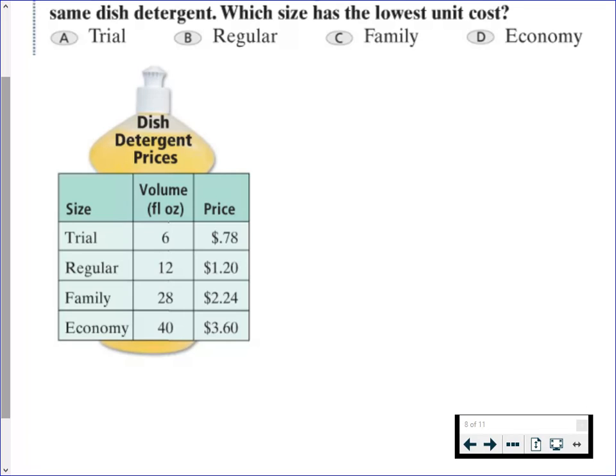I'm trying to find out which is the better buy. So if I'm paying 78 cents for 6 fluid ounces, how much for 1 fluid ounce?